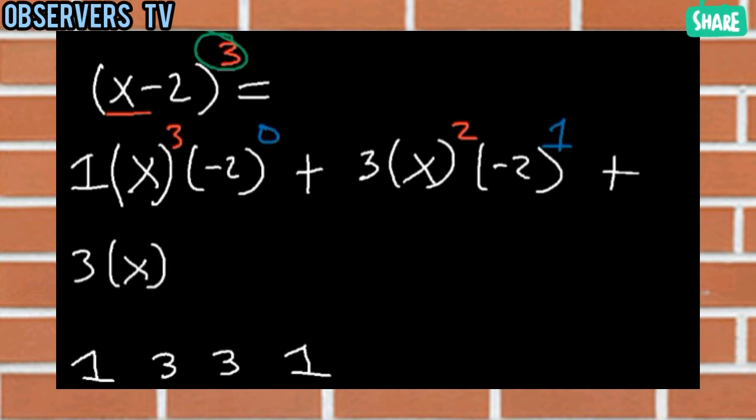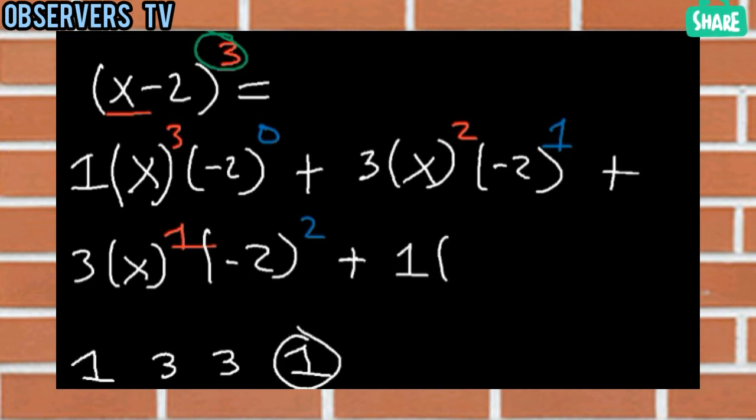And then the exponent associated with x is 1, and the exponent associated with negative 2 is now 2. And then the last term will have a coefficient of 1. X will have a power of 0, and negative 2 will now have a power of 3.